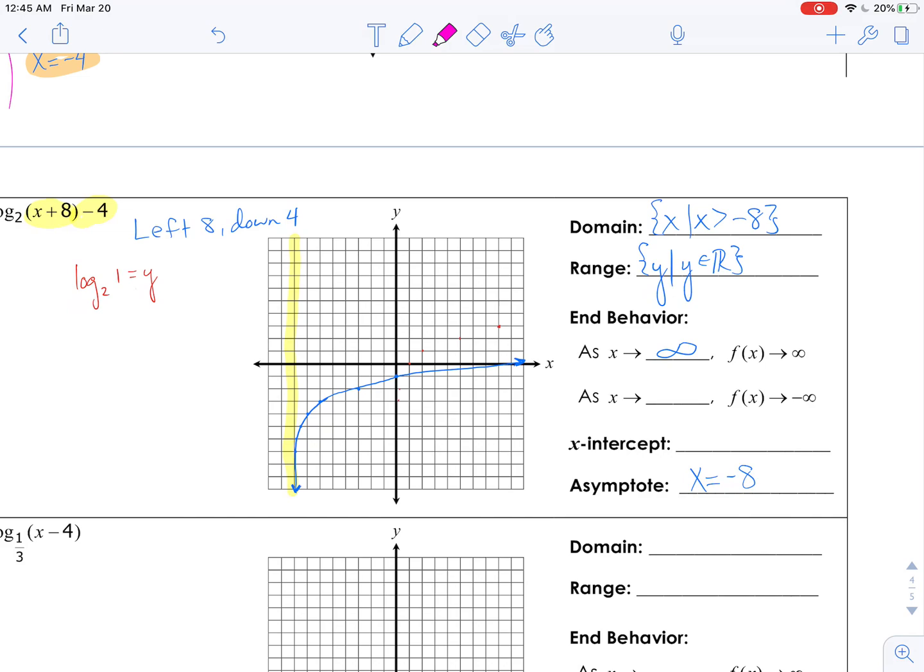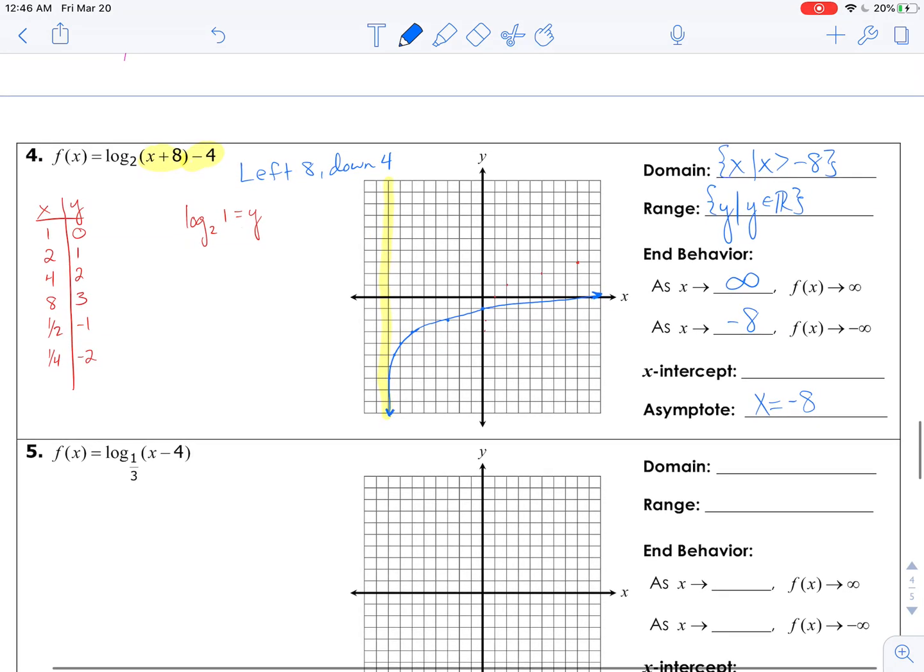And then when are they decreasing? When do they approach negative infinity? Well, we saw just a second ago that as I go toward that asymptote of -8, then that y value goes down.